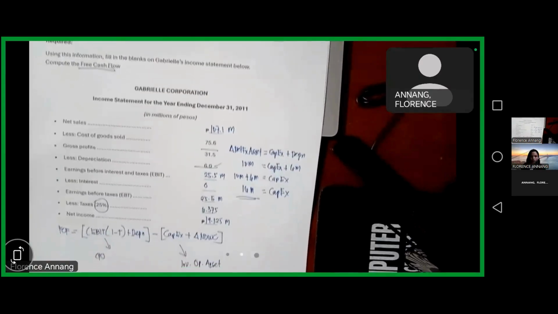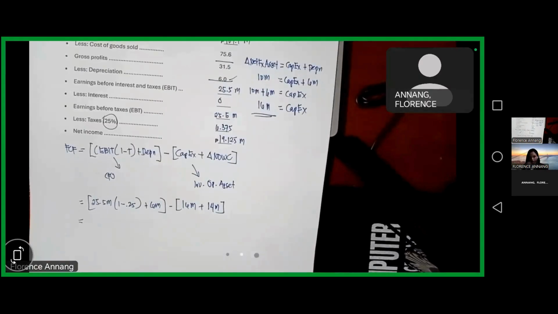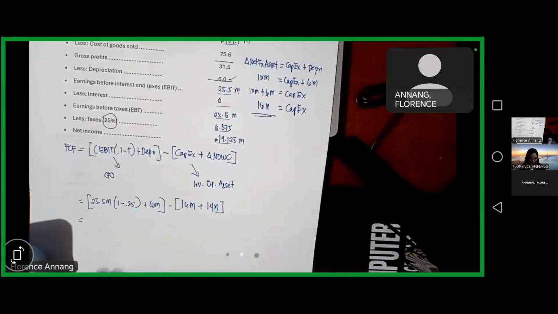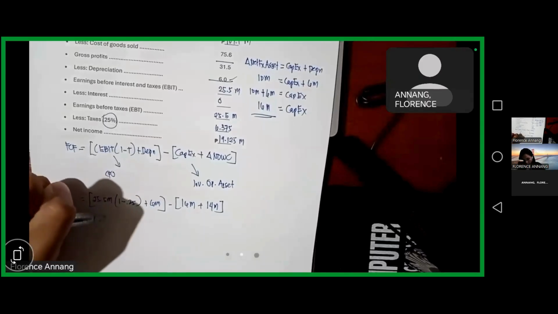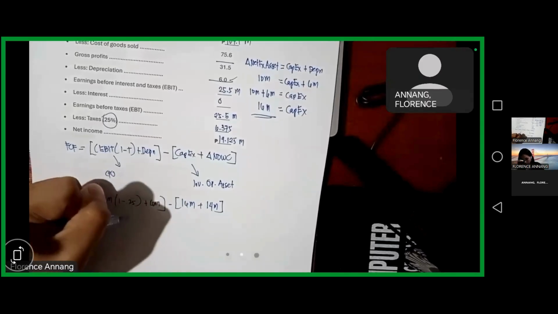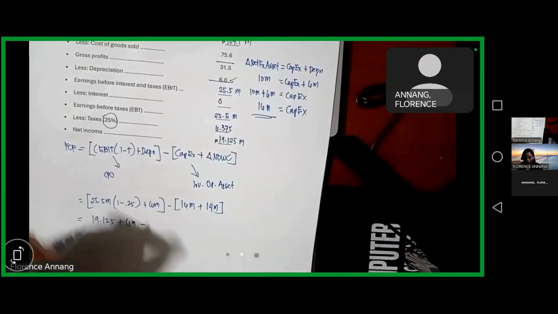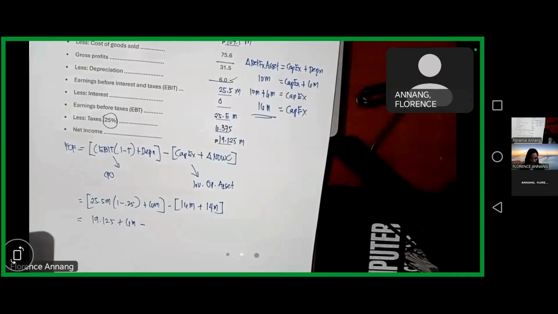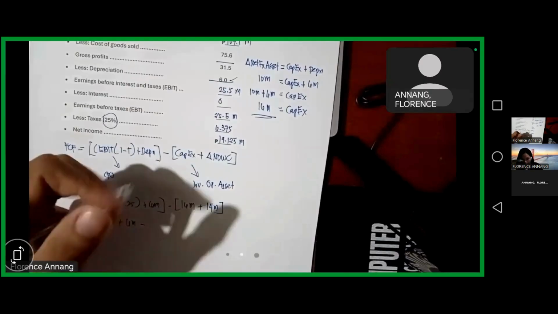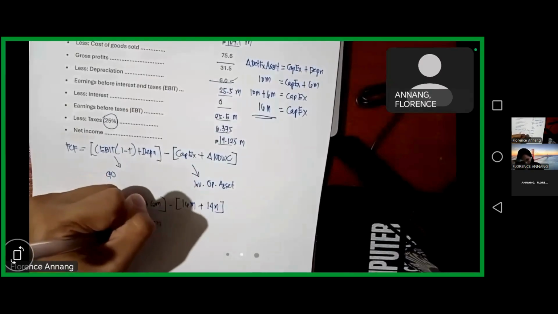Okay. We can now compute. 25.5 times 0.75, you get 19.125 plus your 6 million depreciation, less how much? 16 plus 14, you have 30 investment in operating asset, 30 million.